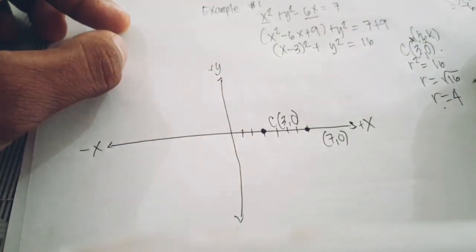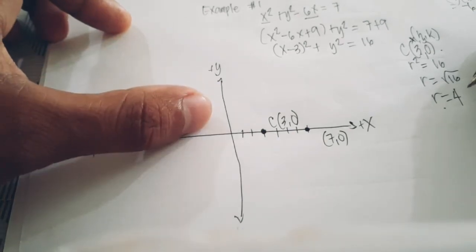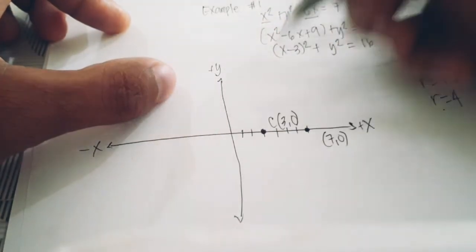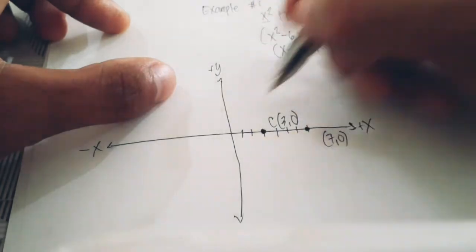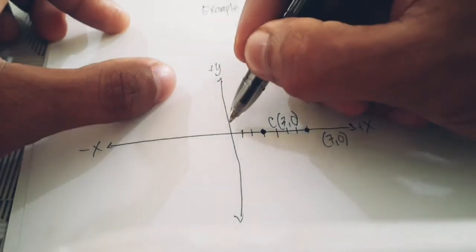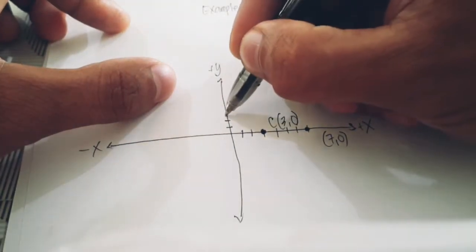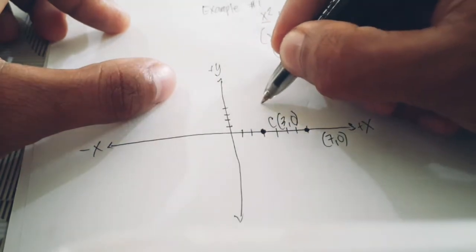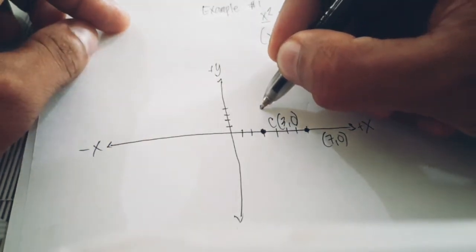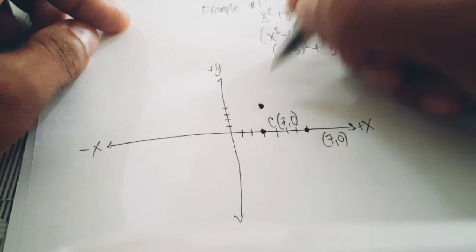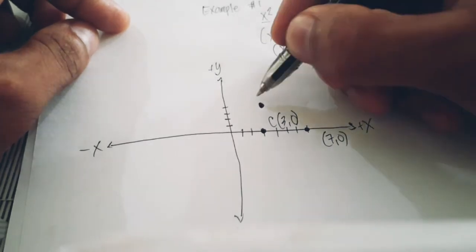So let us move 4 units up. So this is our x. For our y, we have to move 4 units up. So 1, 2, 3, 4. So this is the other side of our circle.